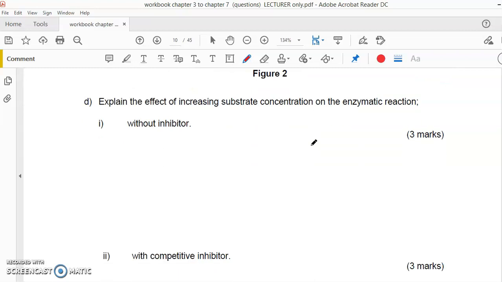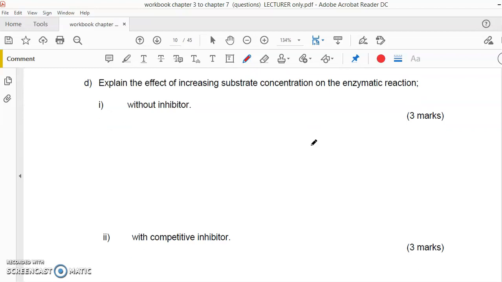So explain the effect of increasing substrate concentration on this enzymatic reaction without inhibitor. So without inhibitor, we can say more substrate binds to the active site.